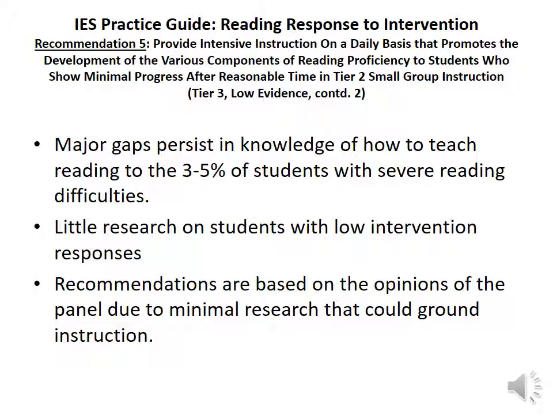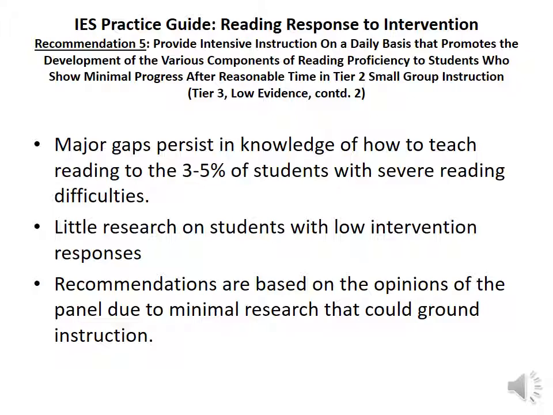Recommendation 5: provide intensive instruction on a daily basis that promotes the development of the various components of reading proficiency to students who show minimal progress after reasonable time in Tier 2 small group instruction.